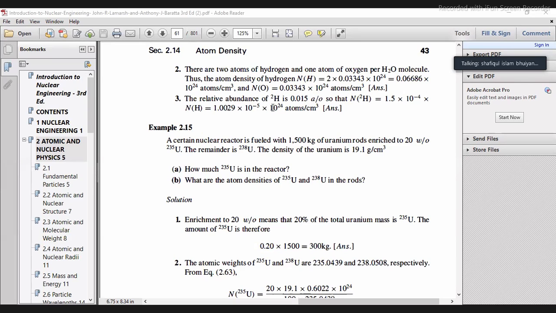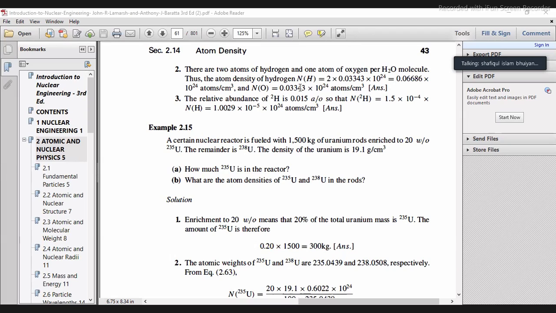Now, what will be the relative abundance of neutron? It has neutrons also, and the abundance of neutron is 0.015 atom percent. So you just multiply this 1.5 times 10 to the power minus 4 by the number of hydrogen.